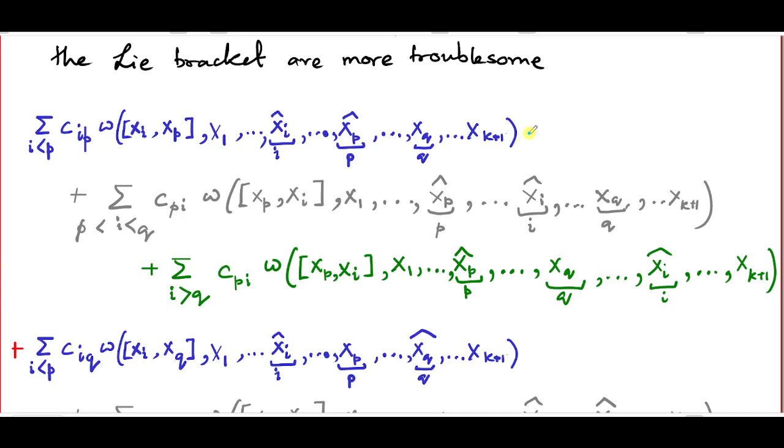No extra information comes out from this because once you have ensured that interchanging xp and xq in the first term will lead to a negative of the fourth sum here, that automatically ensures that interchanging xp and xq in term number 4 will lead to a negative of term number 1.